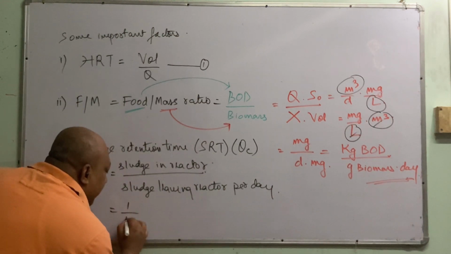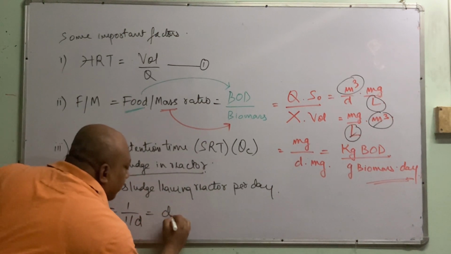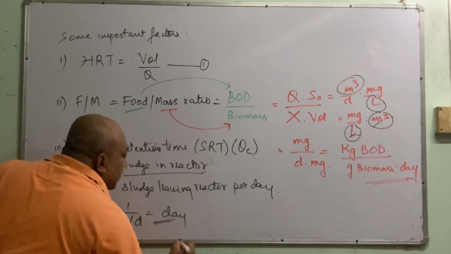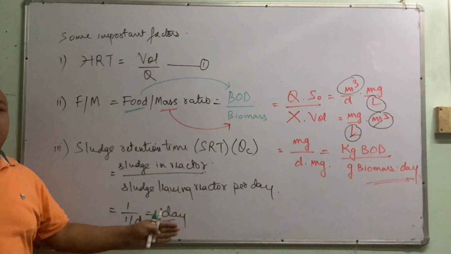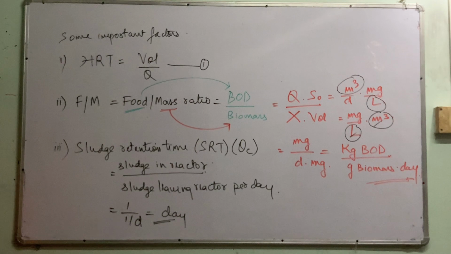So it will be 1 by 1 per day, so the unit is day. How many days the sludge will stay? That is the SRT.